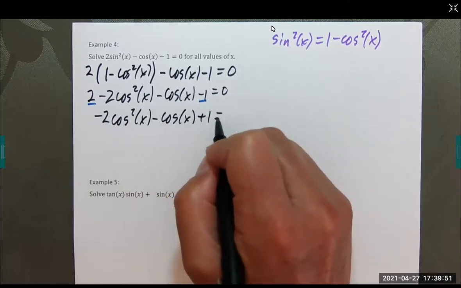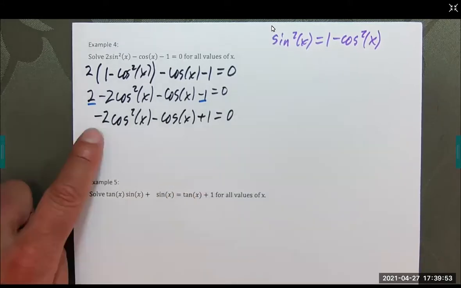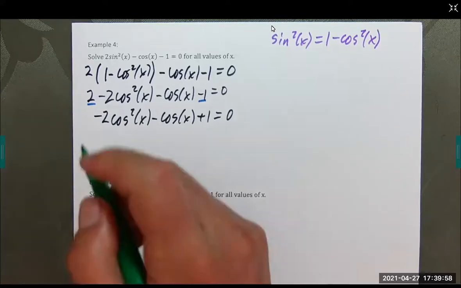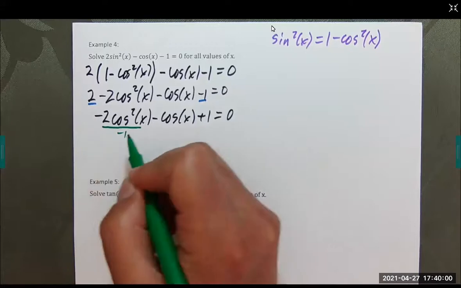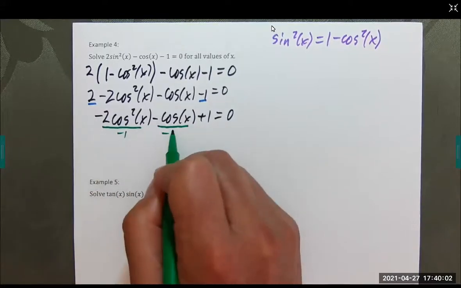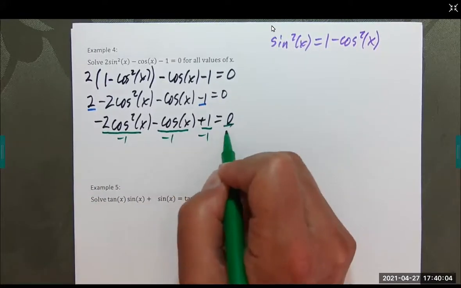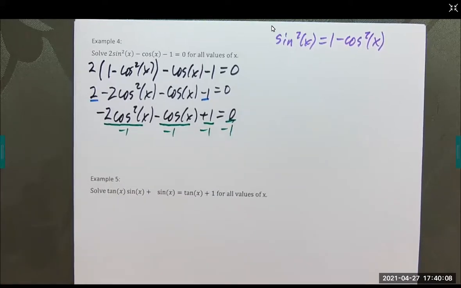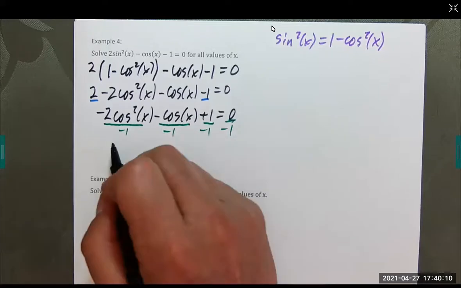And I'm going to be honest with you, I don't like that negative in front like that. But what's nice is I can just go through and divide by a -1, or multiply by -1. It's the same thing. What that does is that changes all the signs for me.